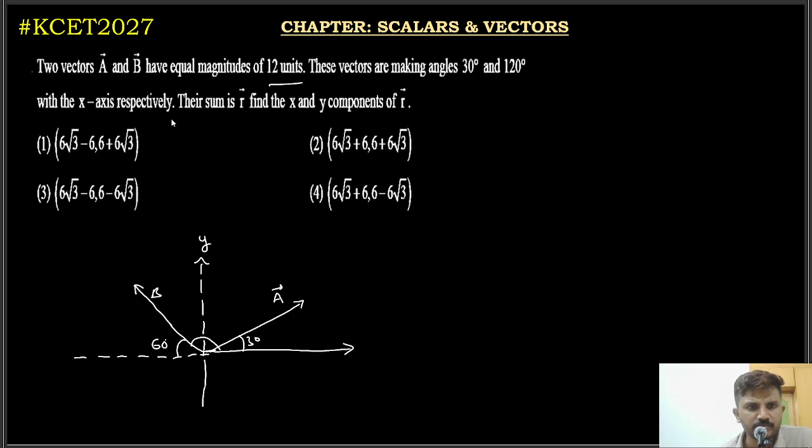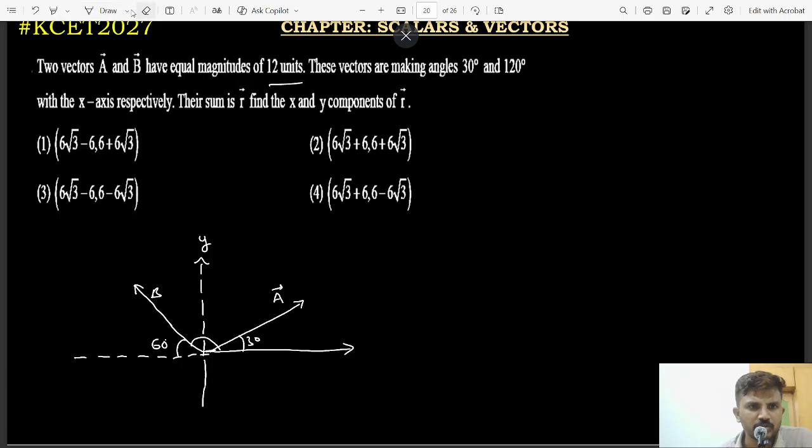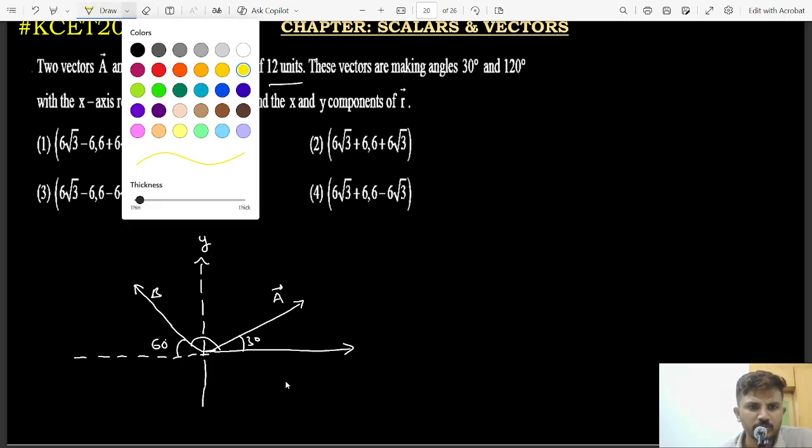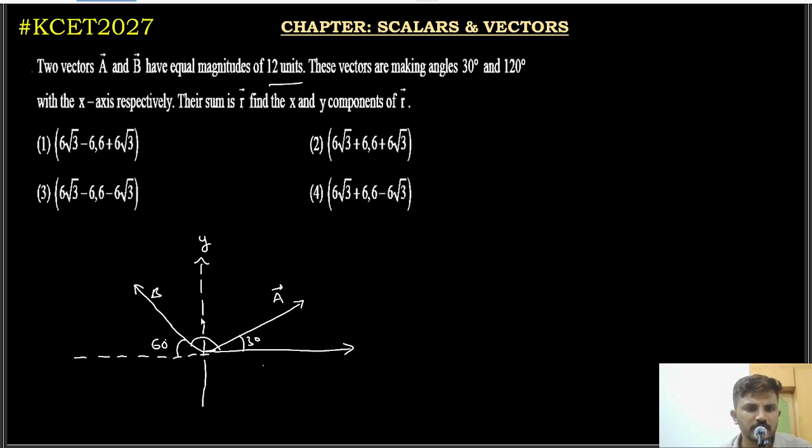Then their sum is R. Find the x and y component. So simply, this side it is 30, this side it is 60.